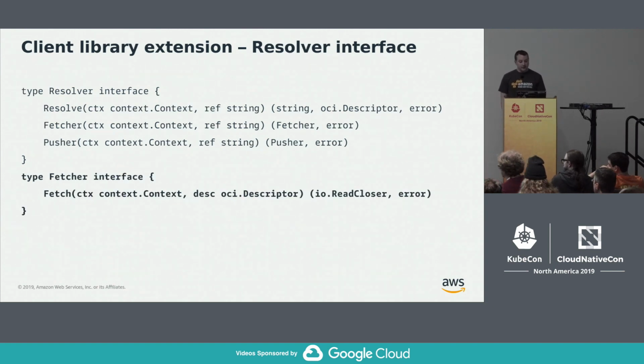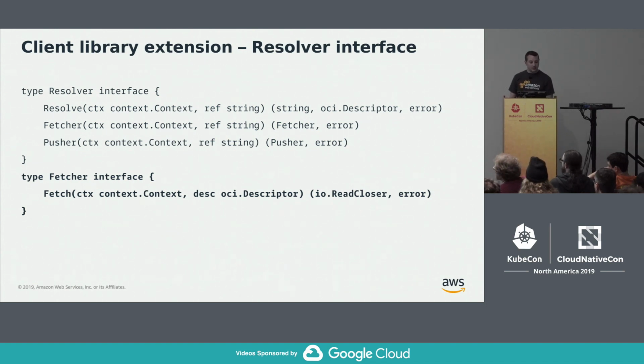So let's look a little bit at the fetcher interface. This has one method that takes a descriptor and returns a reader for a stream of data. The client can call this and then have access to whatever it's trying to retrieve. The descriptor is what specifies the actual object that's trying to be retrieved. Images consist of a bunch of different objects, things like an index and a manifest, some config, and all of the actual layer contents.